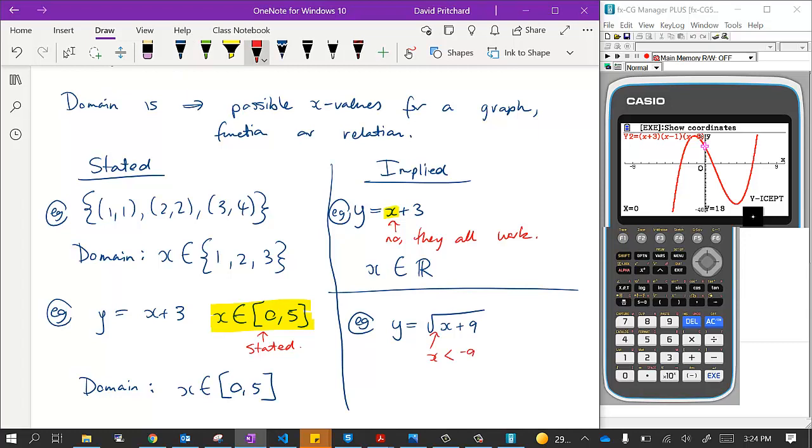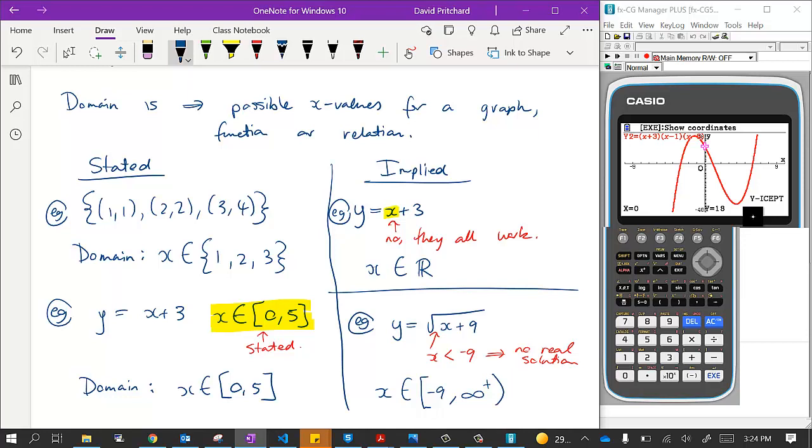If x is less than -9, then this is going to be no real solution, and that's going to break our scenario. So that tells us, with this implied domain, that x is an element of, our smallest possible value is -9, because if we put in -9, we get 0, and that's okay. And our biggest possible value, obviously, is unlimited. We can go up to positive infinity.